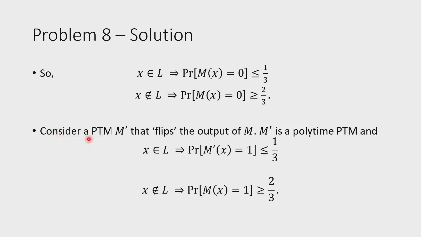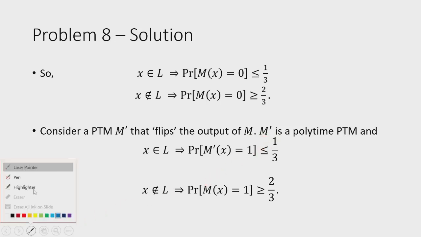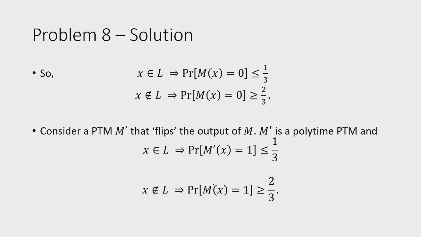Consider a probabilistic Turing machine M prime that flips the output of M. Clearly M prime is a polynomial time probabilistic Turing machine, and what guarantees do we have for M prime? There's a typo over here. This should be M prime. Sorry about that.